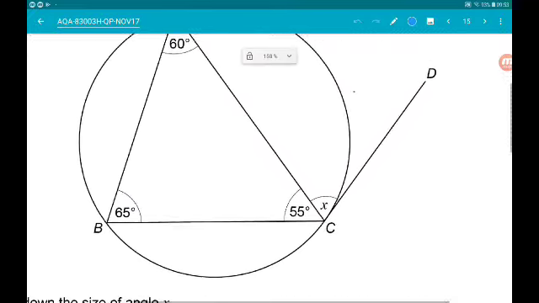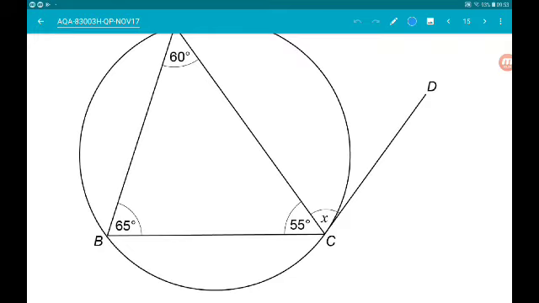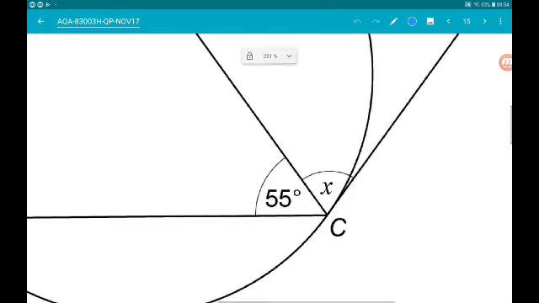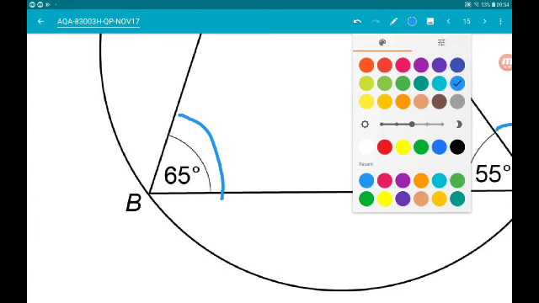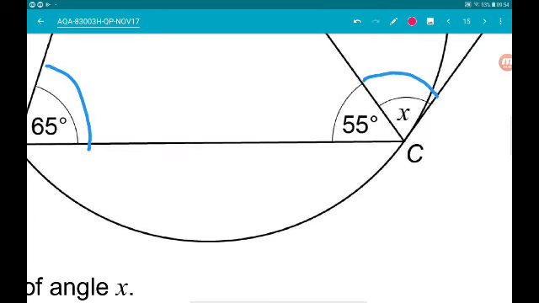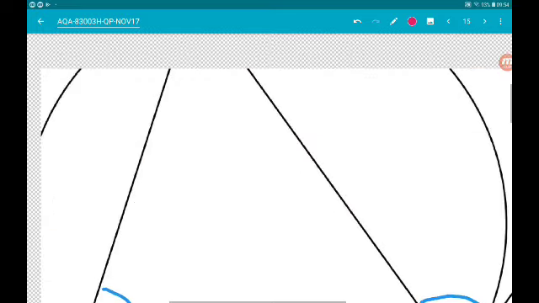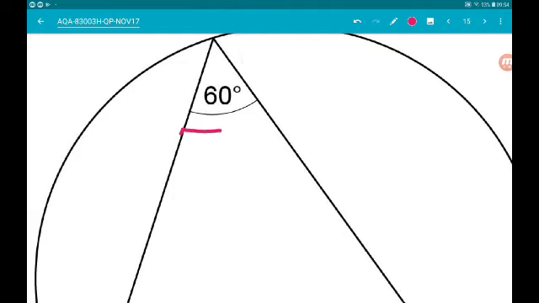So the theorem that we're using here is called the alternate segment theorem. That says when a tangent meets a circle, this angle here is equal to this angle over here. Now it also means that if the tangent continued, this angle here would be equal to this angle up here.